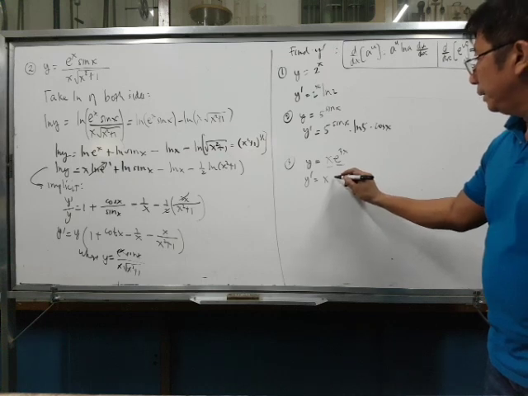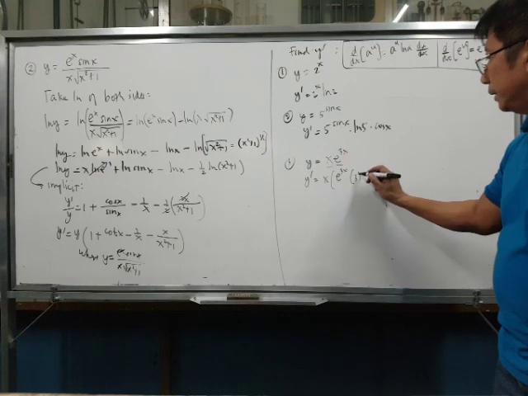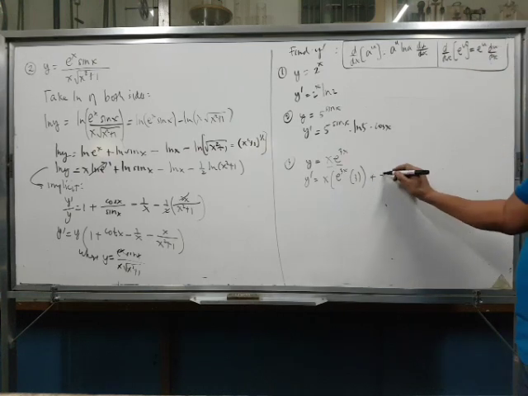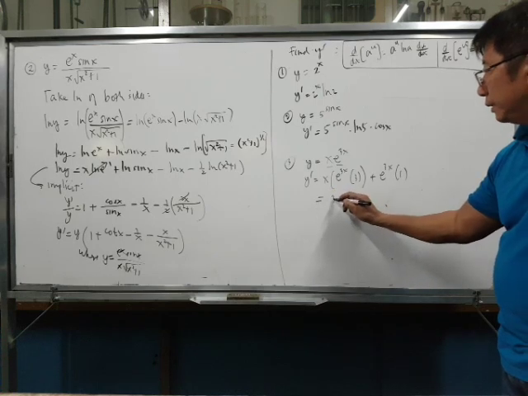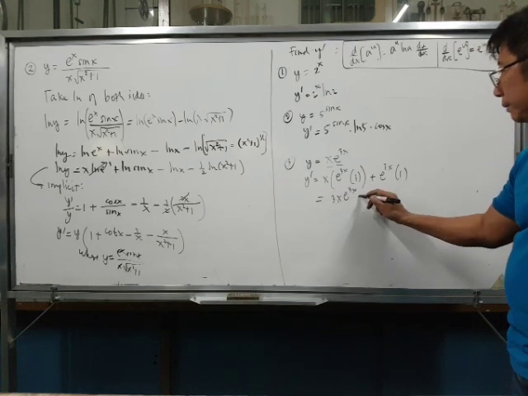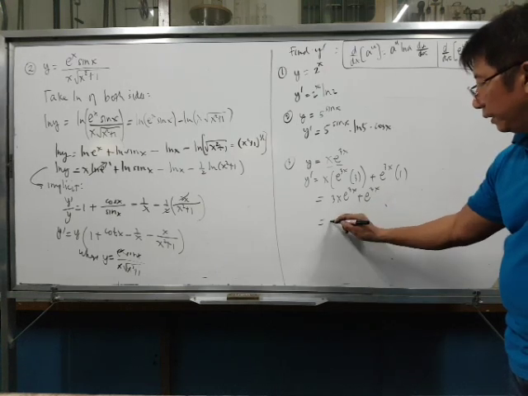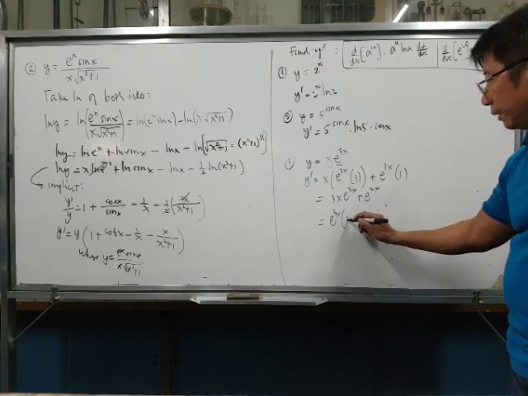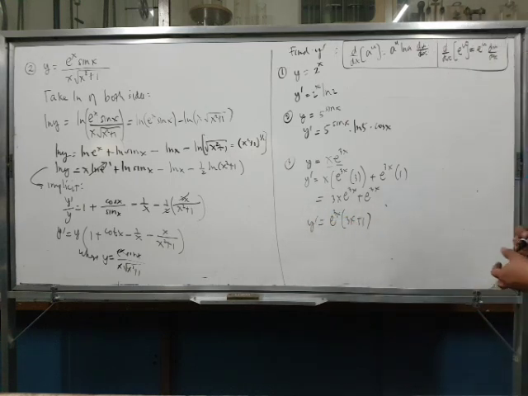So this will be 3e to the 3x times the derivative of 3x, which is 3, plus e to the 3x times 1. So the answer is 3x e to the 3x plus e to the 3x. You can factor out e to the 3x and you will have 3x plus 1 for your y prime.